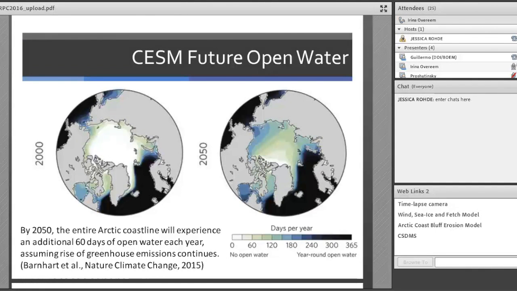The last part of this study was to look at what the future of open water is. And so we went to the Community Earth System Model, and took advantage of the large ensemble that's just been put up over the last 2 years, where we use 30 model simulations.